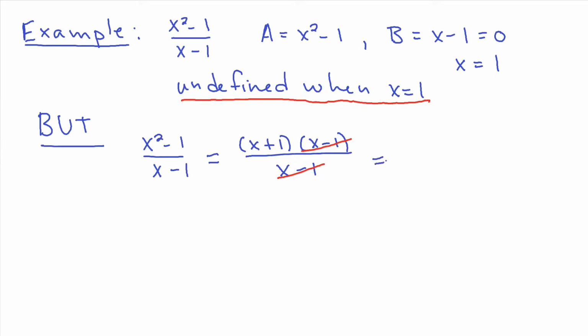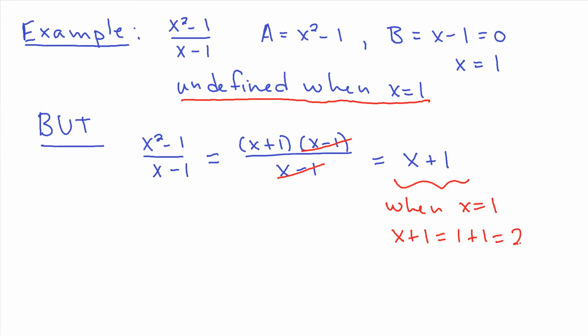And so it looks like this original expression, x squared minus 1 over x minus 1, simplifies to just x plus 1. And what we notice is that x plus 1 is not undefined when x is equal to 1. When x is equal to 1, x plus 1 is equal to 1 plus 1, which is 2.